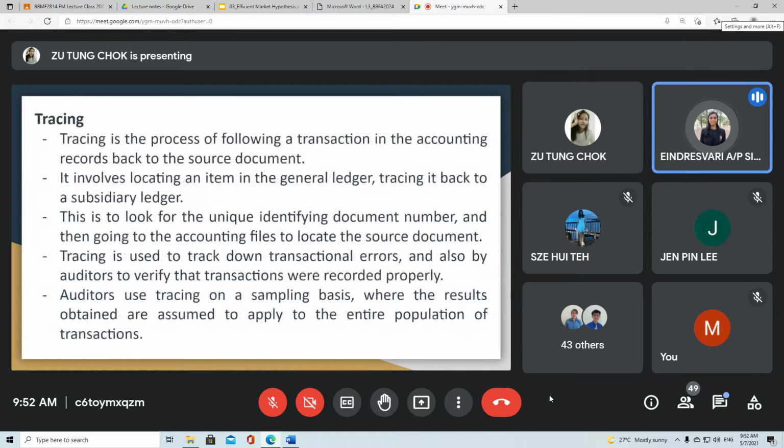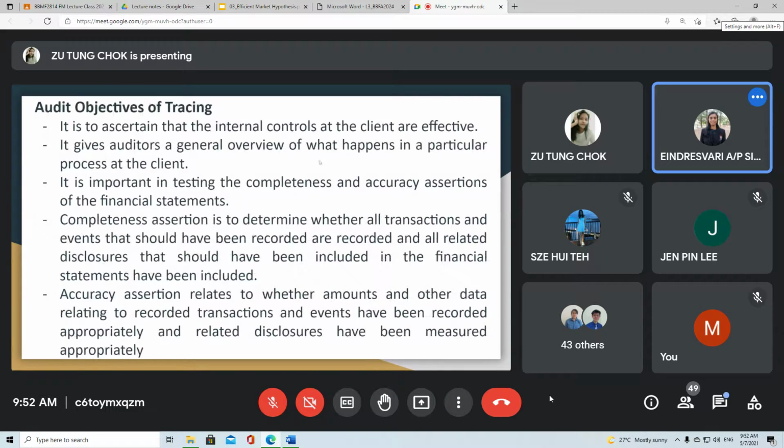Okay, what is the objective? What is the assertion? So the answer is the third one. It is important in testing the completeness and accuracy of the assertion. Okay. Can you show us the procedure?